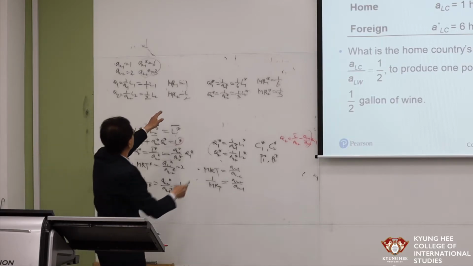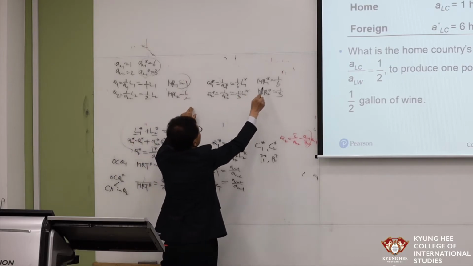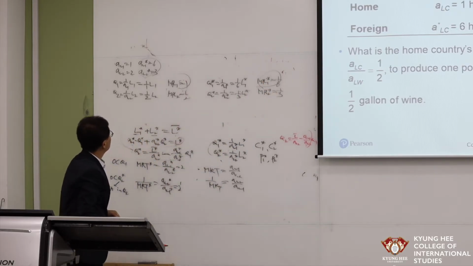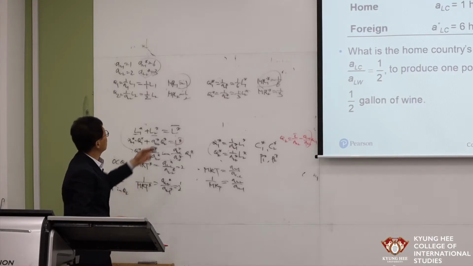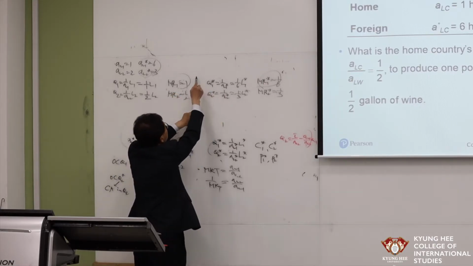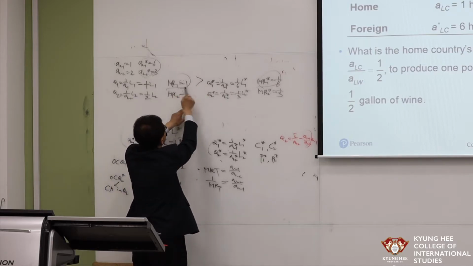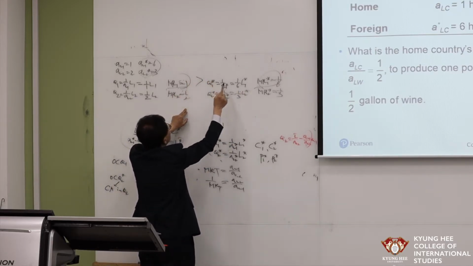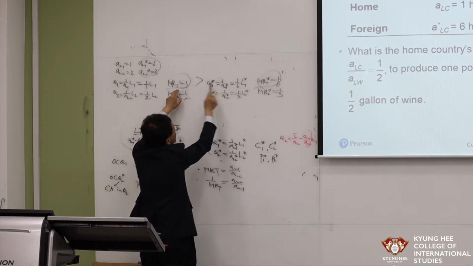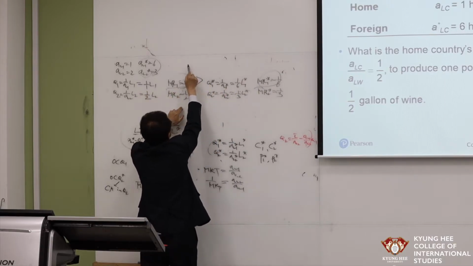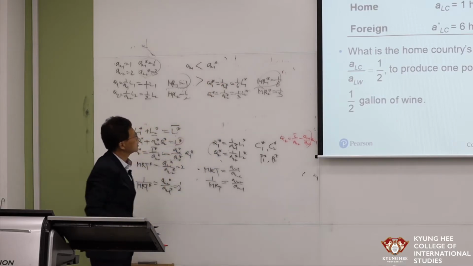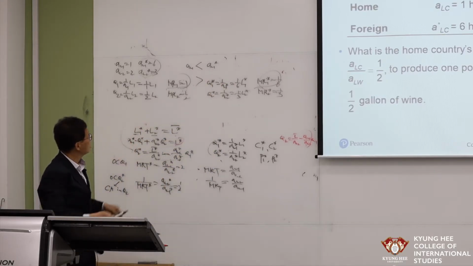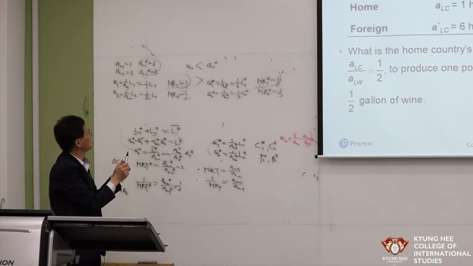We compare MPL1 and MPL1 star, or AL1 and AL1 star. MPL1 is greater than MPL1 star, where MPL1 is 1 over AL1. In other words, AL1 is smaller than AL1 star. Same representation, isn't it? So the home country has absolute advantage in Q1.